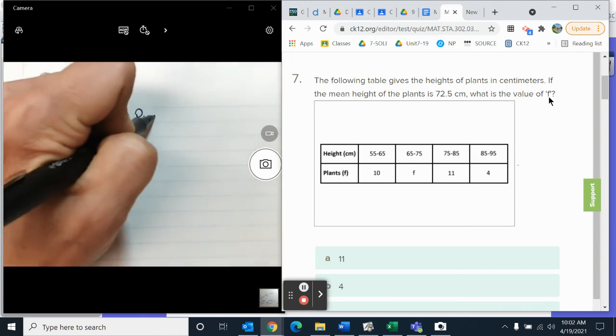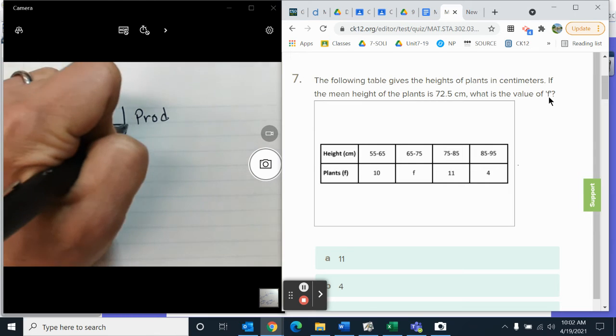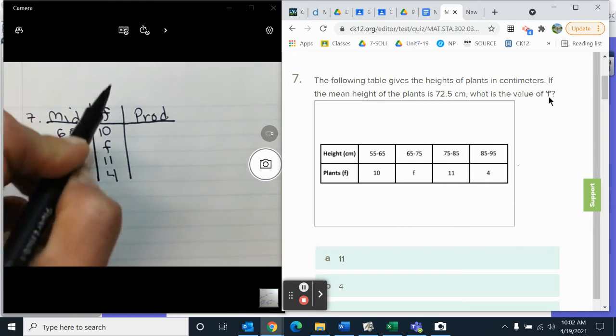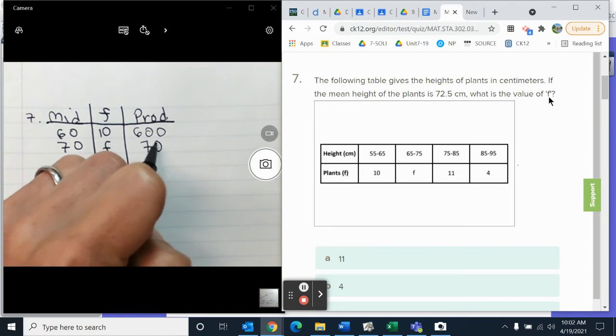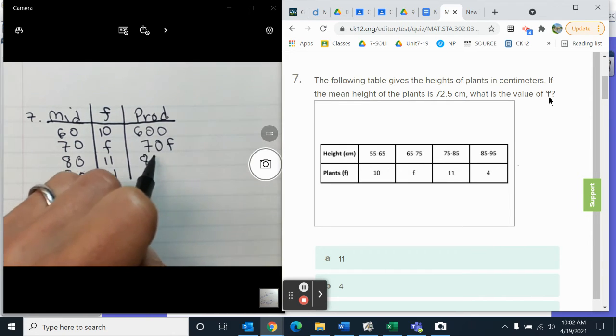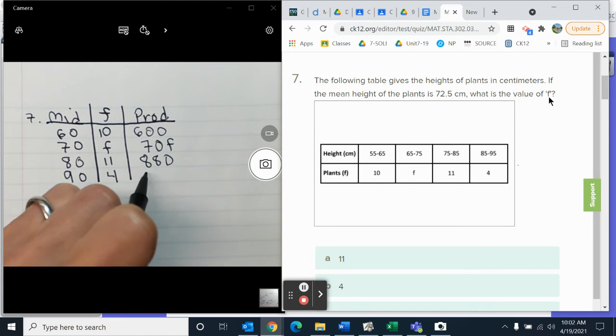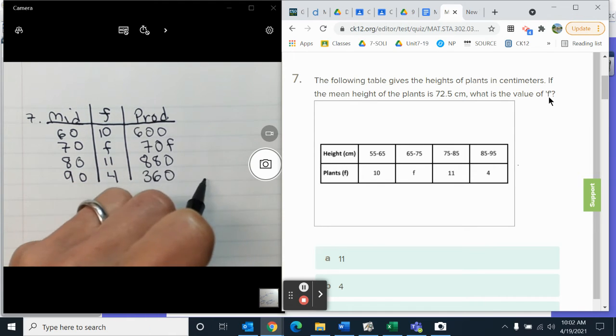Our products would be 670 F, 880, and 360.